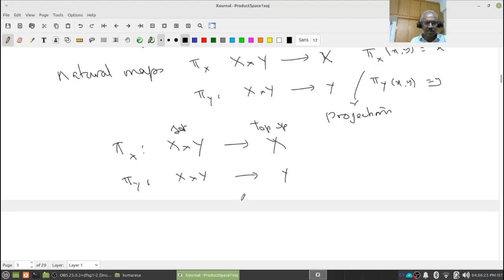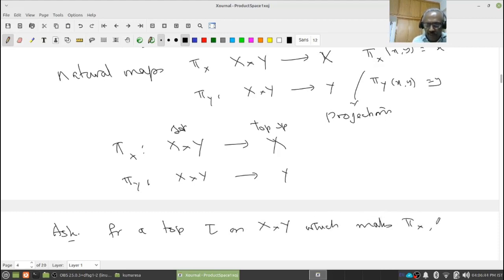Whereas here the domain is just a set. So what I can ask for is a topology τ on the set X × Y which makes π_X and π_Y continuous.